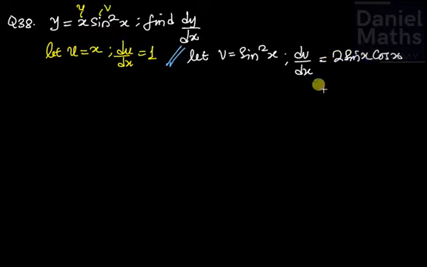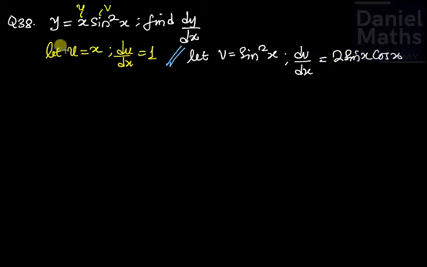The reason for this is, just like we use our power rule, it's 2 times sine x, so it becomes 2 sine x. Then if you differentiate sine x, you get cos x. So that's what we'll have.